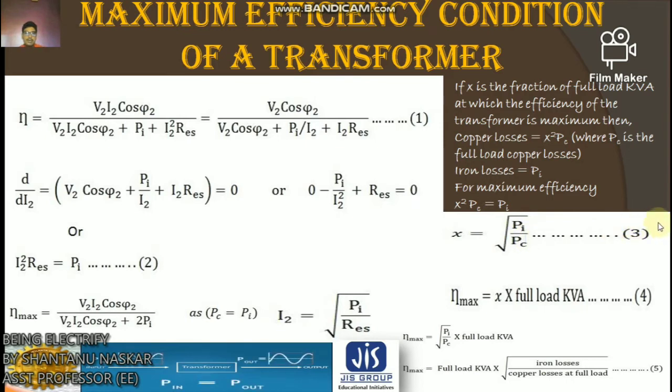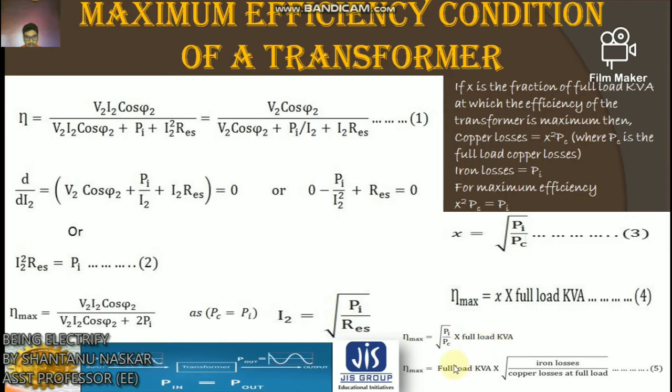Now the output kVA corresponding to maximum efficiency equals x into full load kVA. Putting the value of x from equation 3 in equation 4, we get output kVA at maximum efficiency equals root over Pi by Pc times full load kVA.